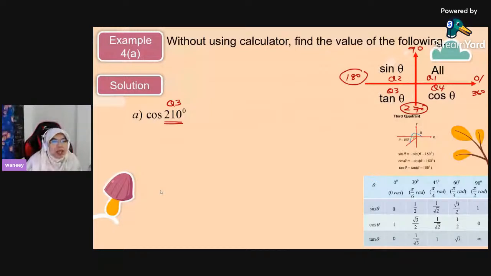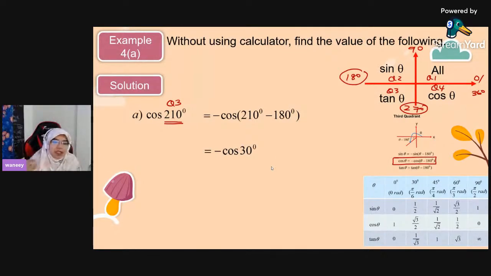In the third quadrant, only tangent will stay positive, and cos will be negative. So cos theta becomes negative cos of theta minus 180. So this is the negative of cos of 210 minus 180. 210 minus 180 is actually 30, so we get negative cos 30.